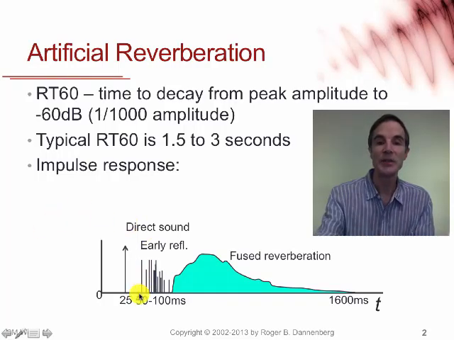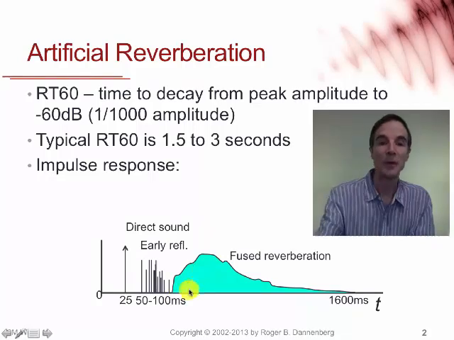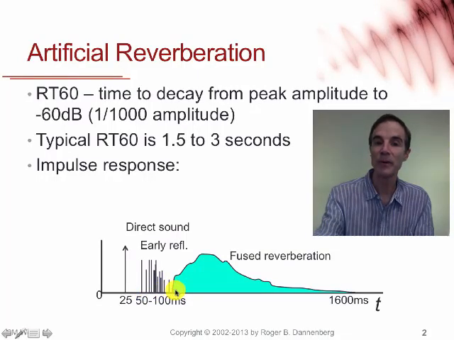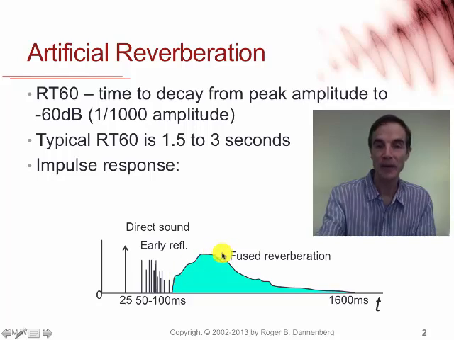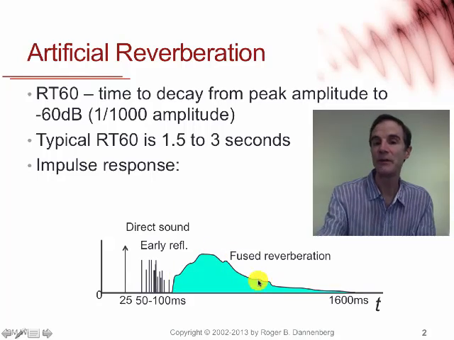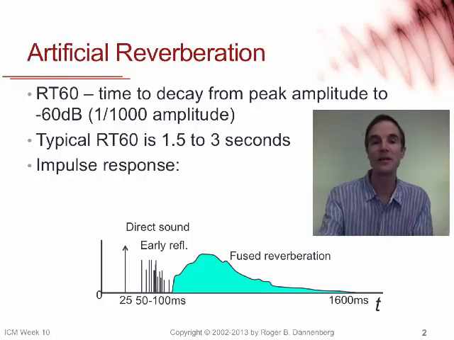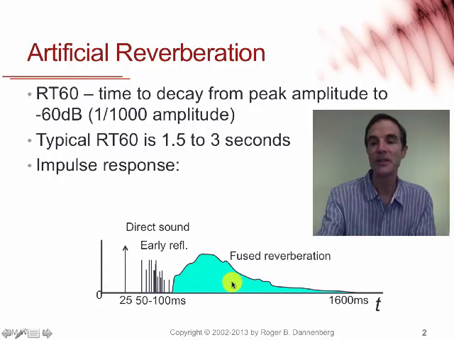And then we start to get early reflections. These are reflections of the impulse off of the floor, the ceiling, the wall, whatever's close by. And as these early reflections continue to build up and become very dense, we have a period called fused reverberation, where there are literally millions of paths of reflected sound that are too dense to think of as discrete reflections.